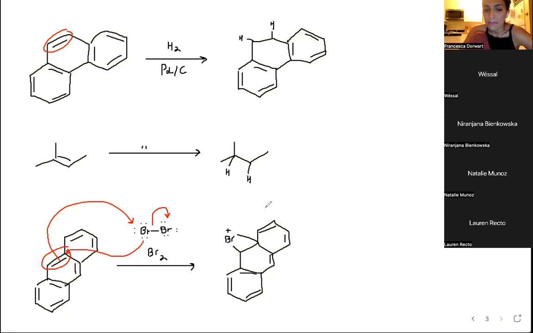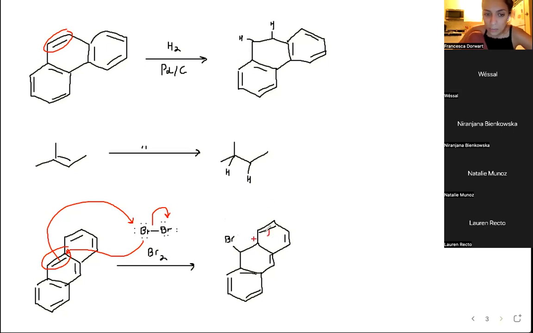Then we have this bromonium bridge, which we know could open up as long as we have a stable enough carbocation. Not only do I have a tertiary carbocation that could exist at this position, but it is also allylic in resonance.